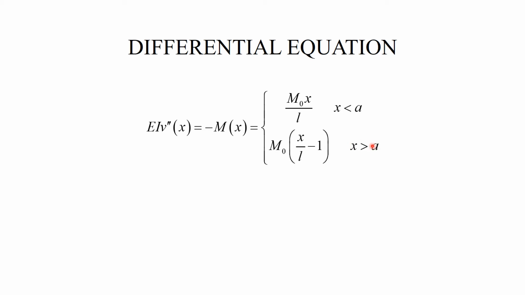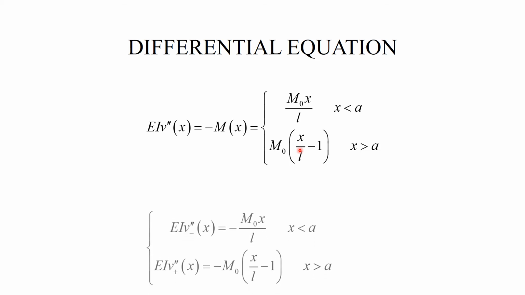We can make a similar statement by introducing two branches of the solution. So I will be calling the branch to the left of A, V minus, and the branch to the right of A, V plus. So here we go.